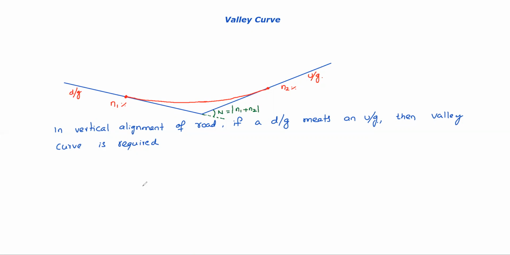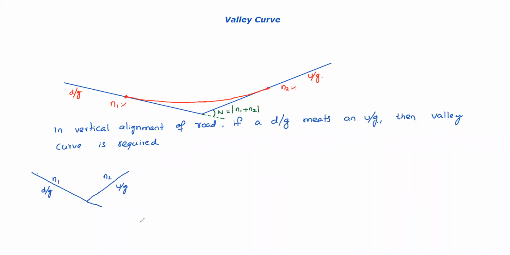So three cases we can see here. Suppose one down gradient meeting an up gradient like this. So down gradient, up gradient. Let us assume it is N1, it is N2.